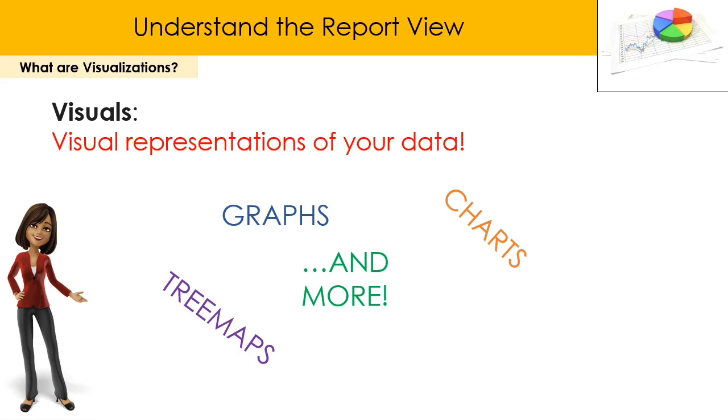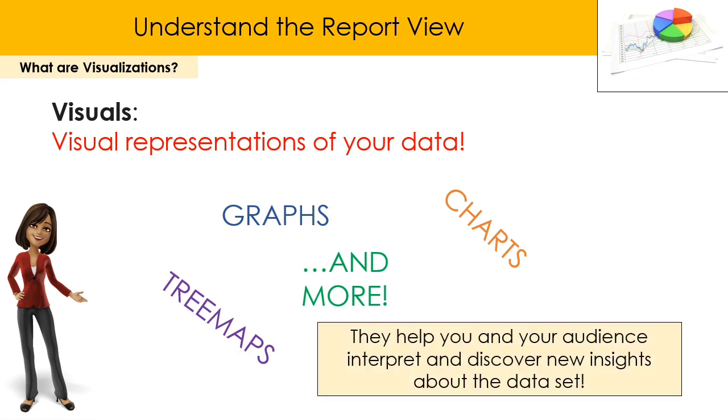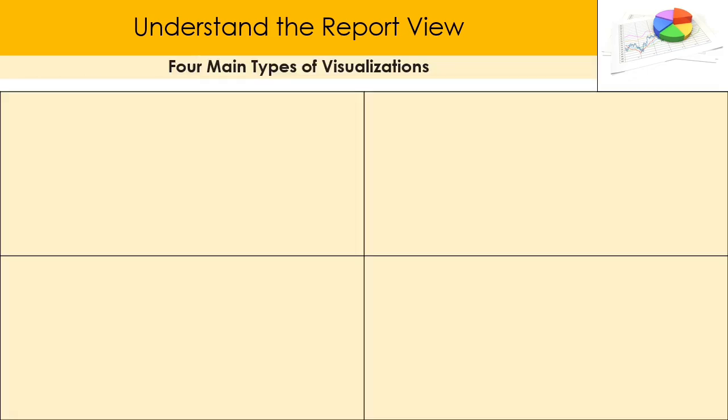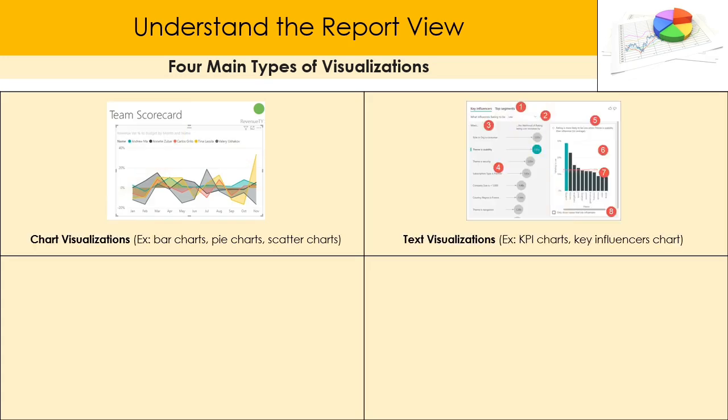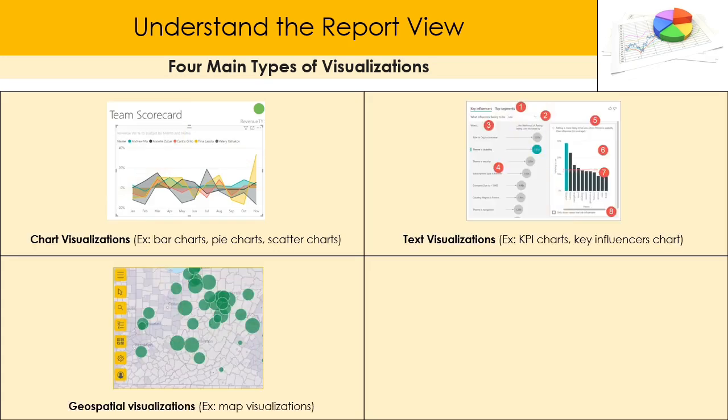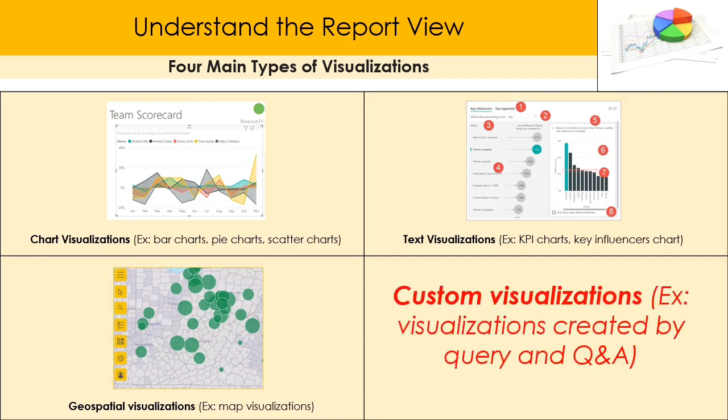Furthermore, they are customizable, making these graphics one of the most impactful features Power BI has to offer, because they help you and your audience interpret and discover new insights about the data set. There are four main types of visualizations in the report view: chart visualizations, text visualizations, geospatial visualizations, and custom visualizations.